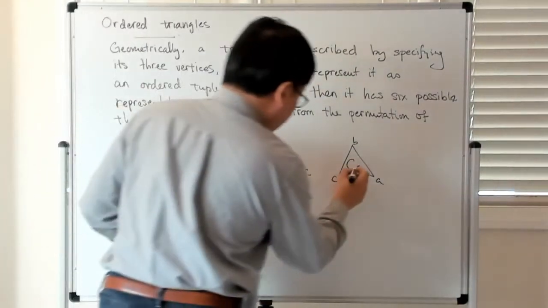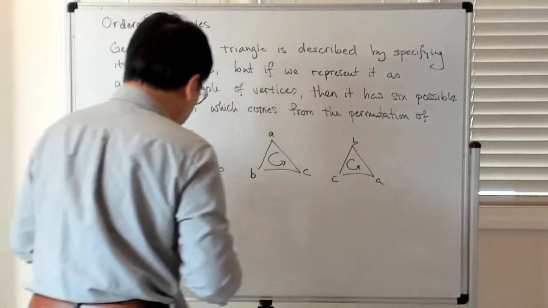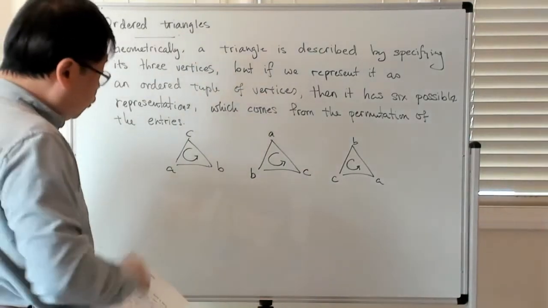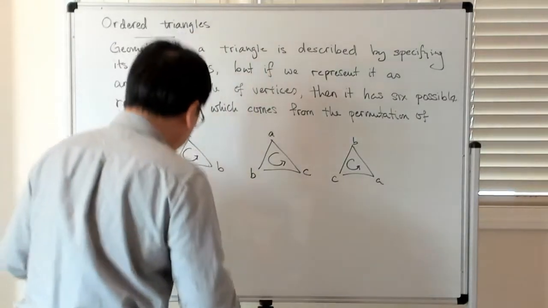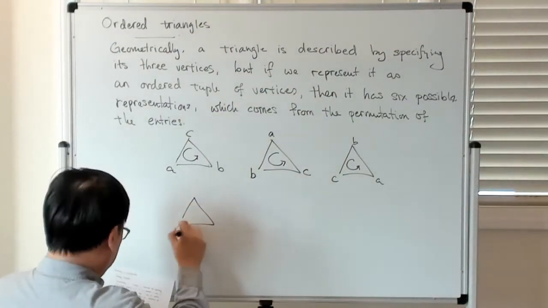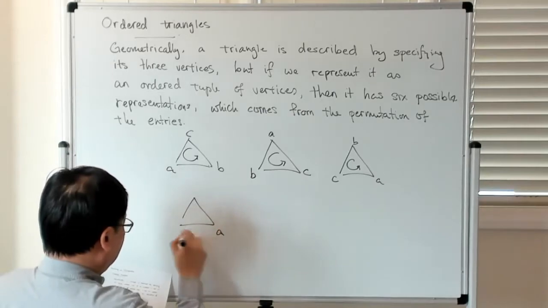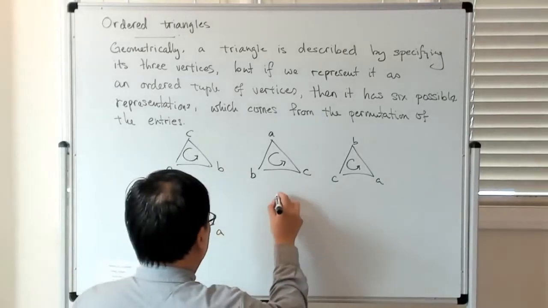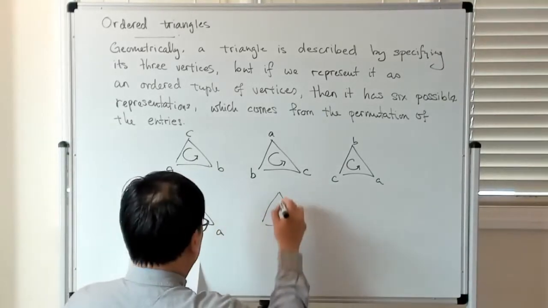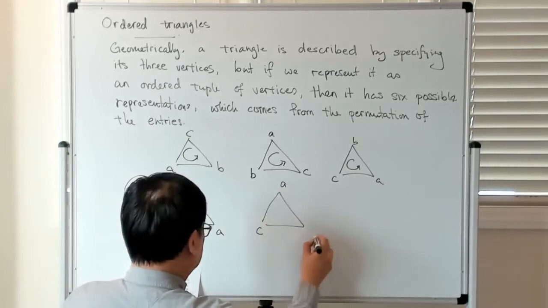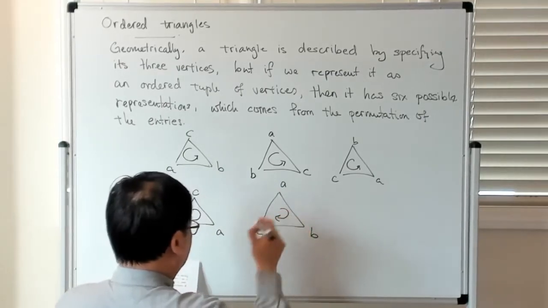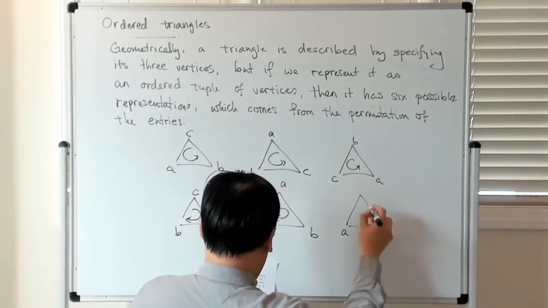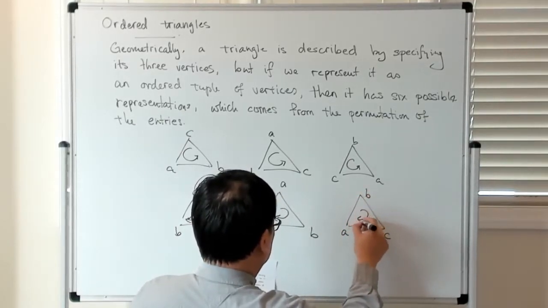All right, and then in addition to that, there are the ones where the entries are ordered in a clockwise fashion. So you say A, B, C, right? So this is ordered in a clockwise manner. Okay, you have A, C, B, again ordered in a clockwise fashion. And then you have A, C, B, clockwise.